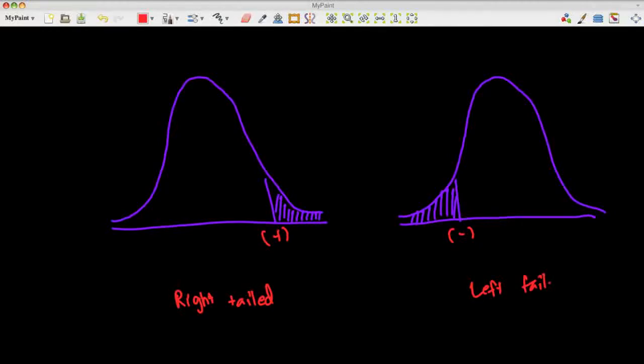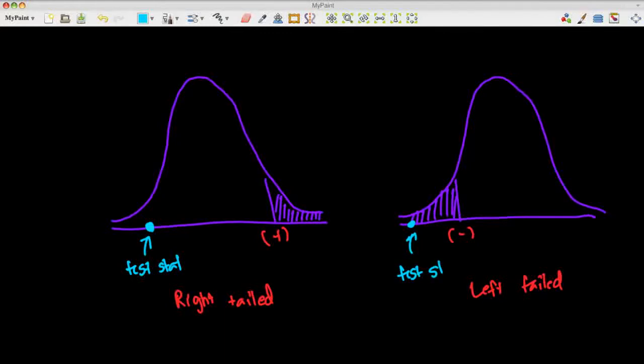Some funky distribution for the test statistic. Badly drawn normal distribution is the distribution of the test statistic. Hypothetically, I'm going to say that the test statistic for the right tail test is right over there, and the test statistic for the left tail test is right over there.